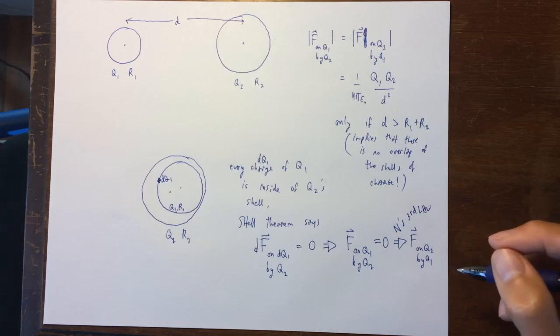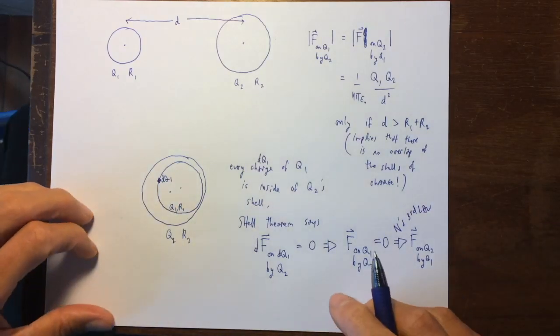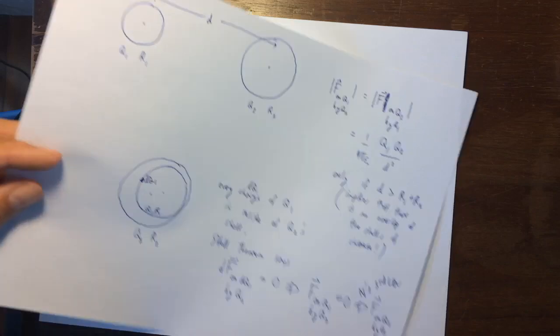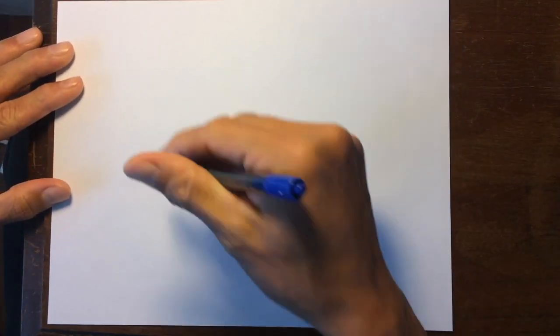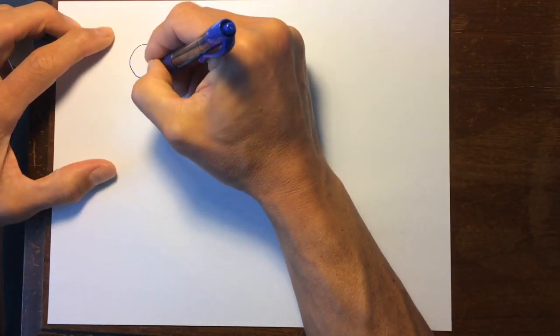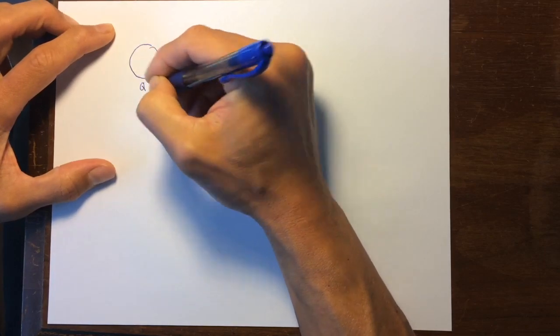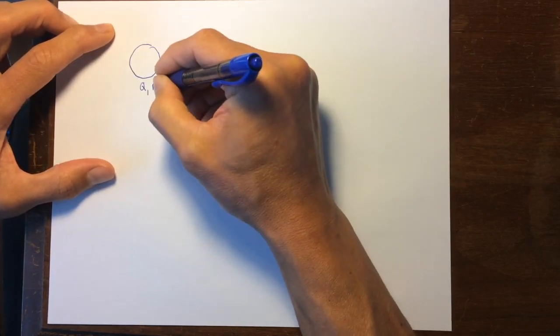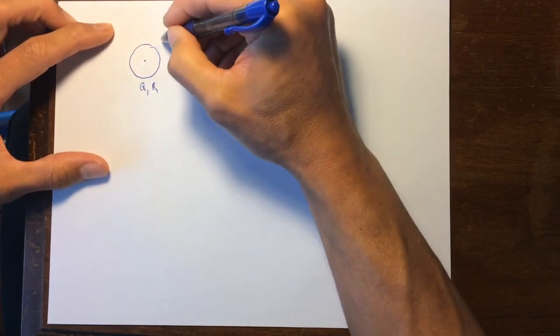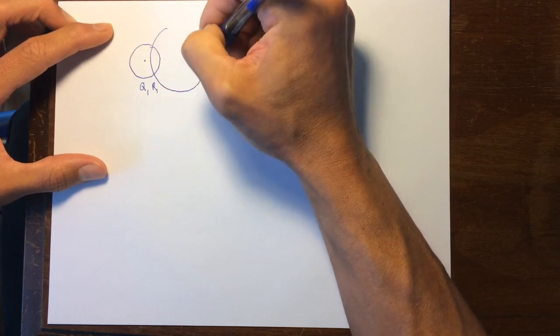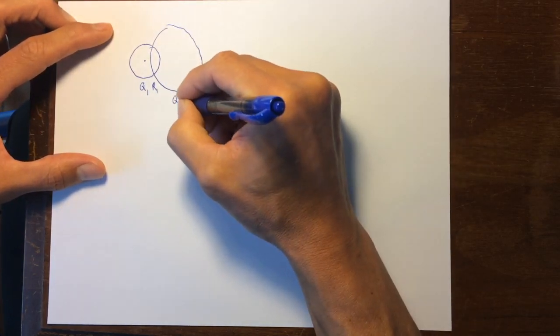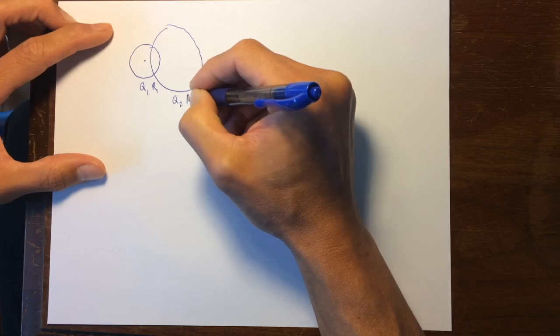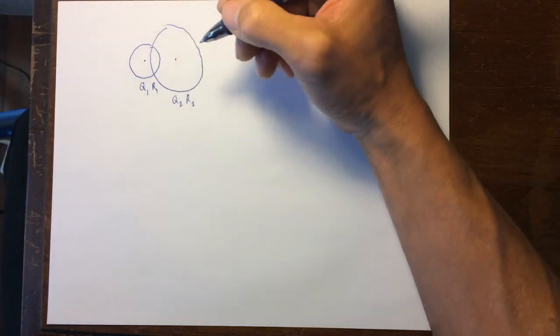Okay, so that's a use of the Shell theorem. Let me tell you what we can't say is true. What if we had Q1 with radius R1 overlap with Q2 of radius R2, right?